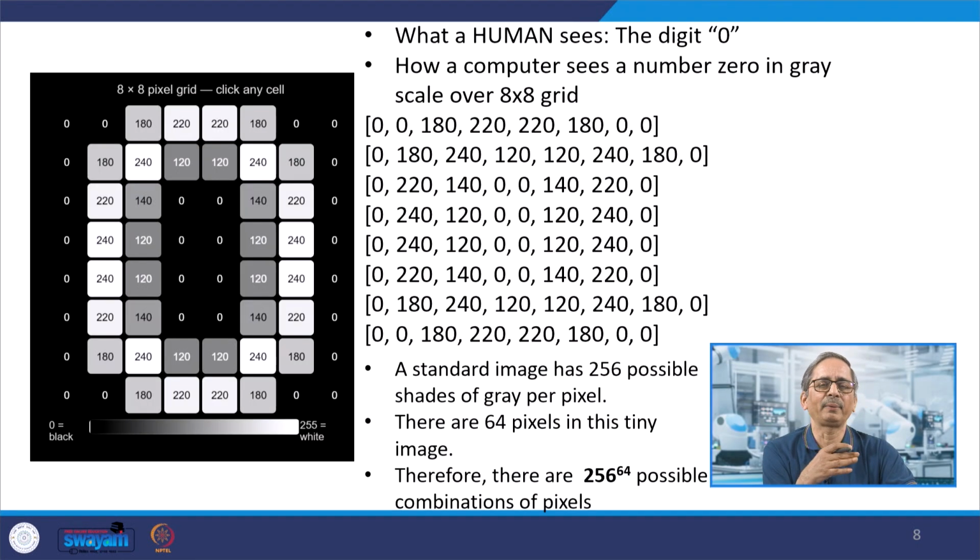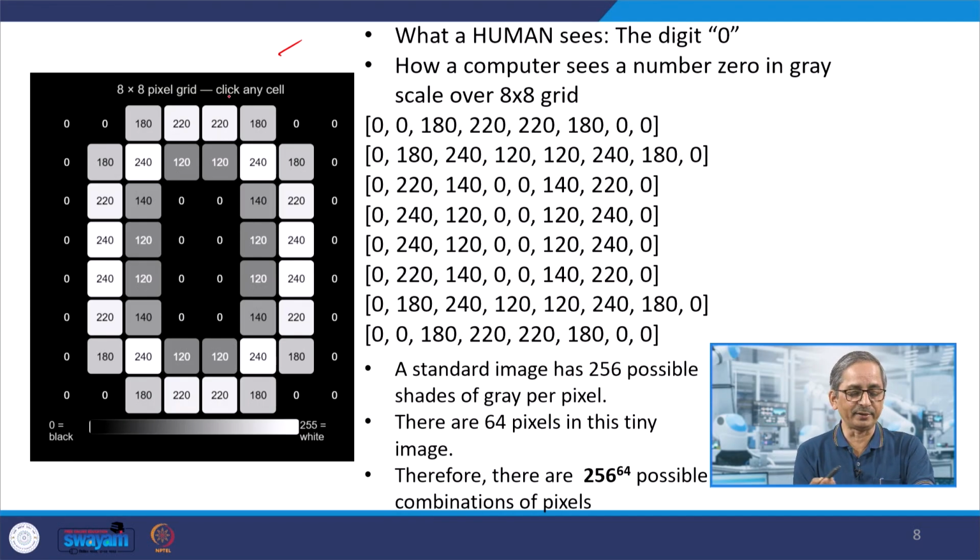So, here we have taken an example of how the number 0 is seen by a human and how a computer sees the number 0. You see that this is an 8 cross 8 pixel grid, where the human identifies this number as 0, but the computer will identify it using information such as pixel intensities.